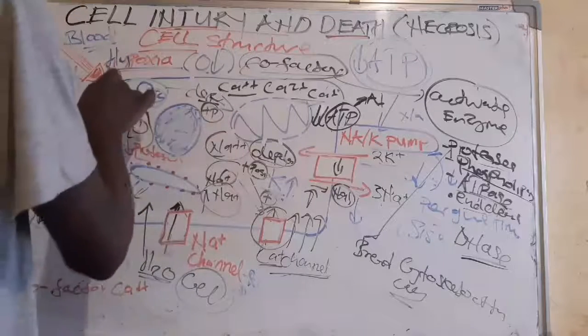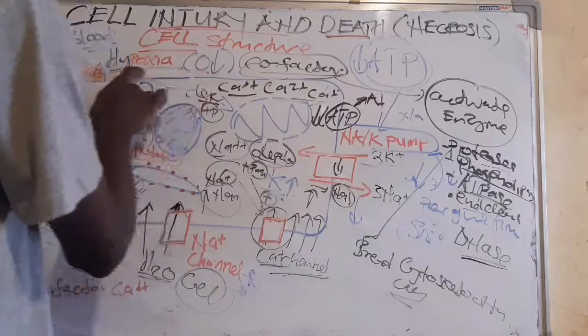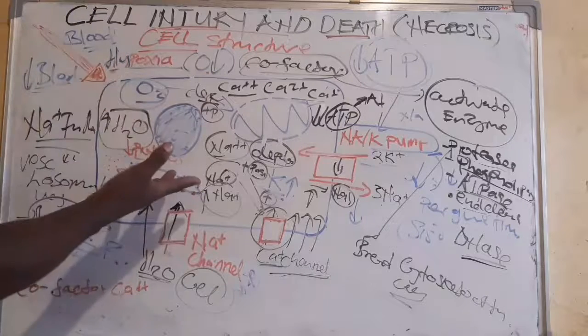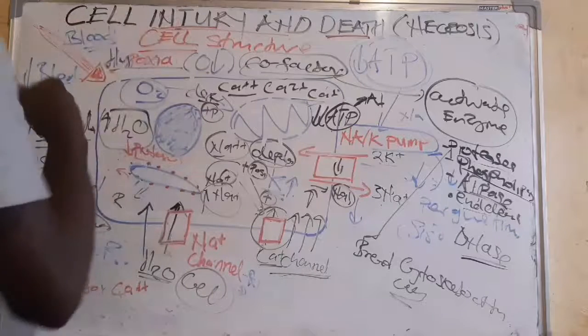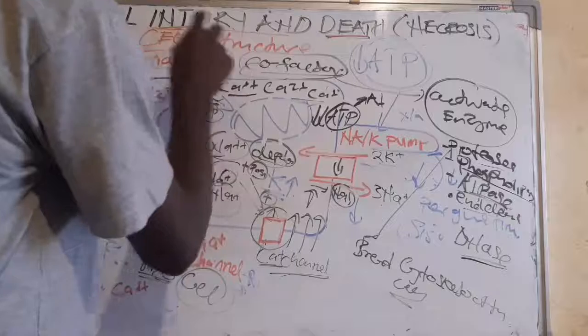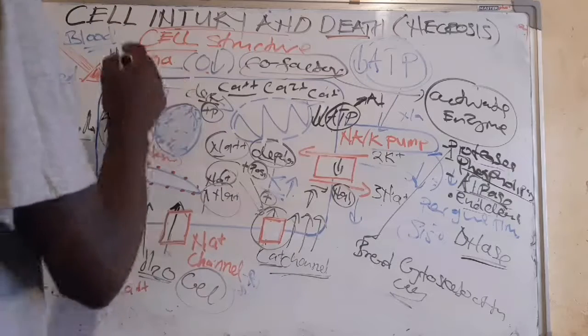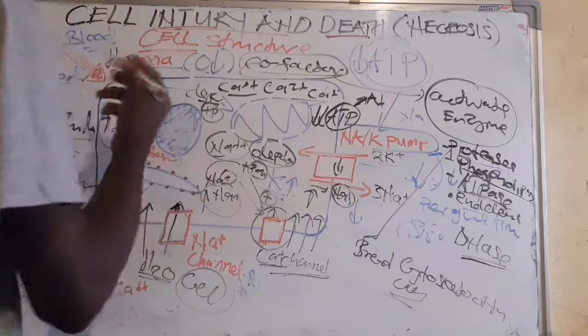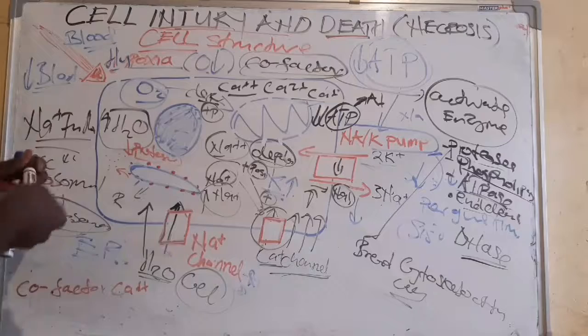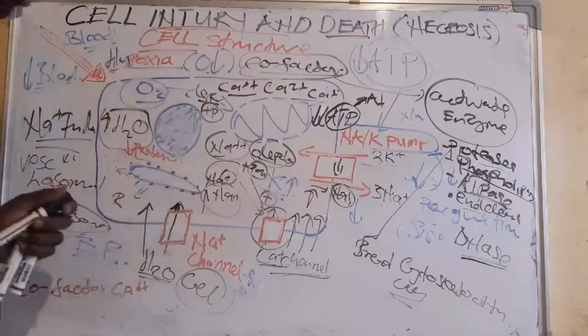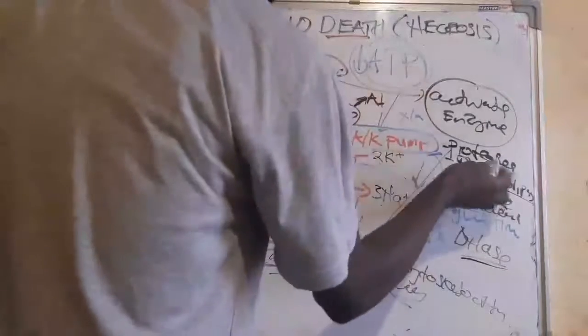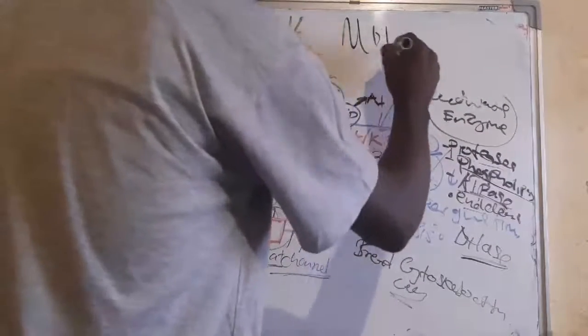It is the type of stimulus. Is it severe or not severe? So let's start with the injury that is reversible. For it to be reversible, the stimulus is mild.